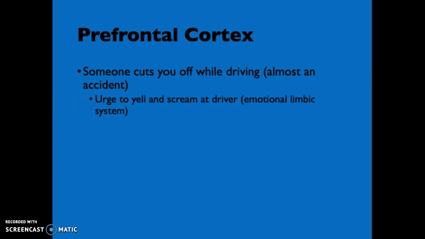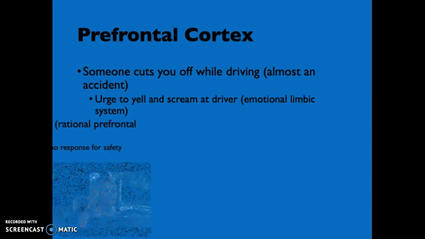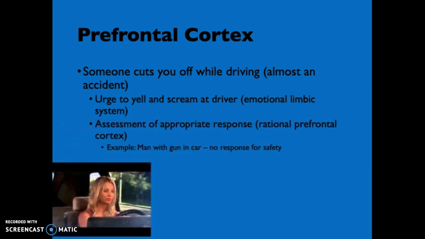You may have the urge to yell and scream at that driver, and that would be our emotional limbic system kicking in right at that time. But we use our prefrontal cortex that's rational, and we look for the appropriate response for this particular situation.